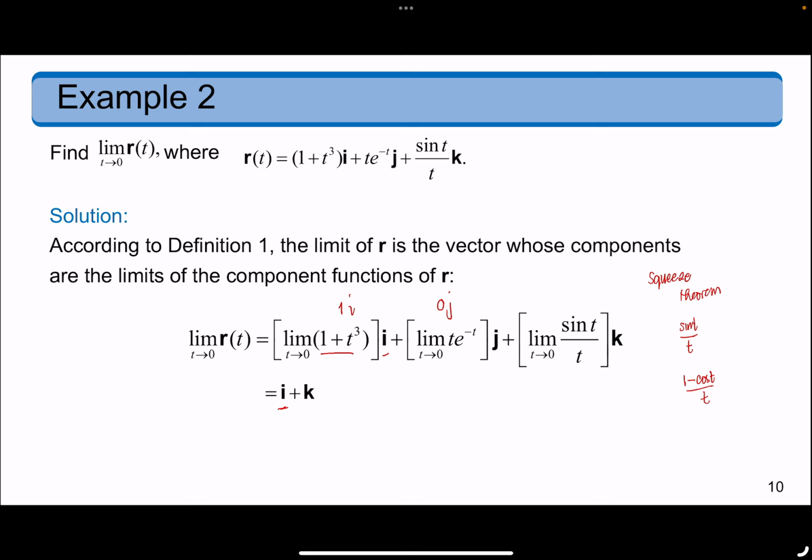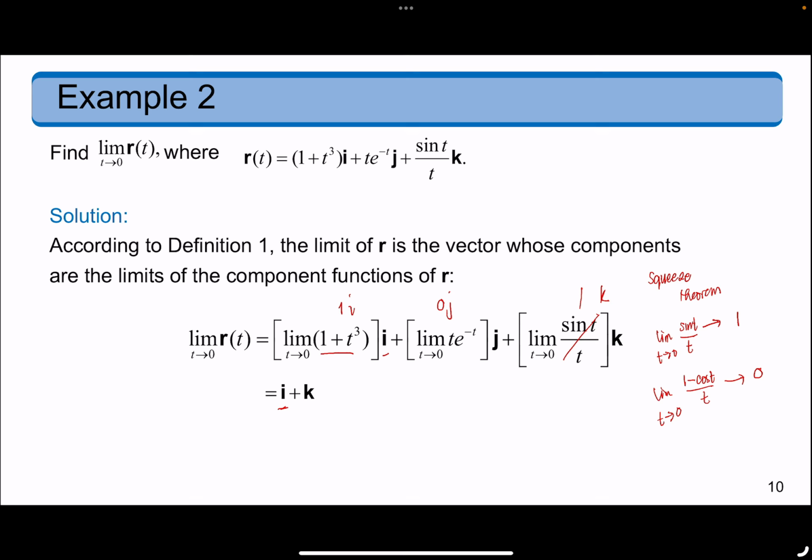As t approaches 0, this limit would be approaching 1, and this is approaching 0 as t approaches 0. So meaning this would be approaching 1 and then k. So we have i plus k.